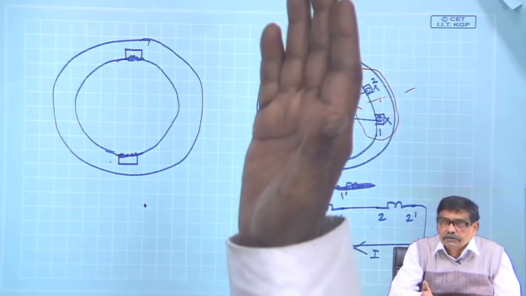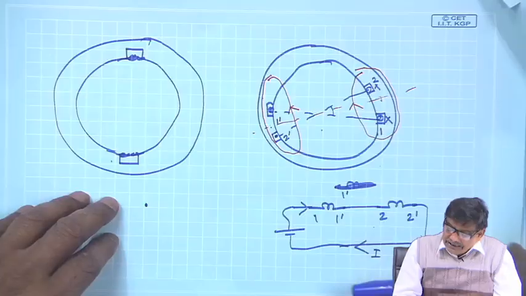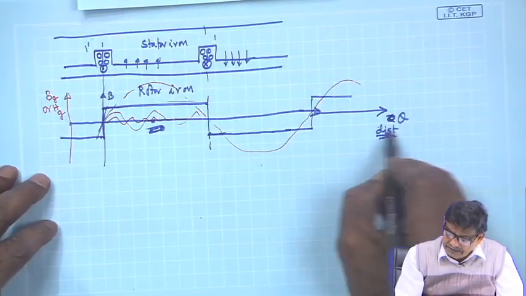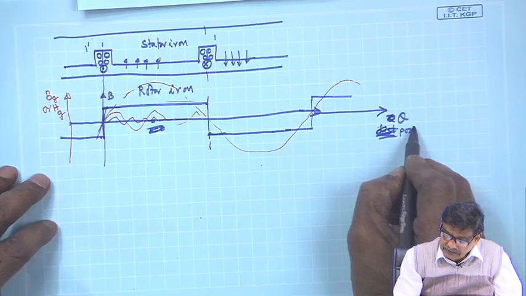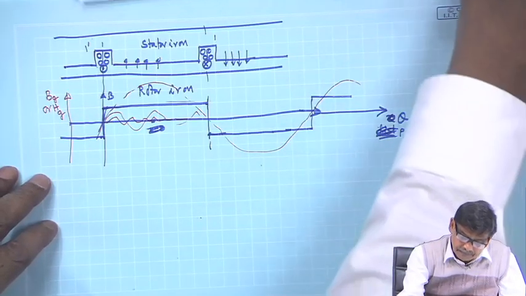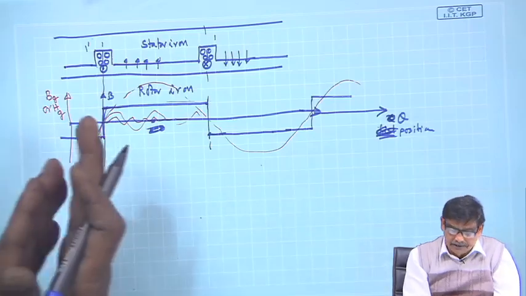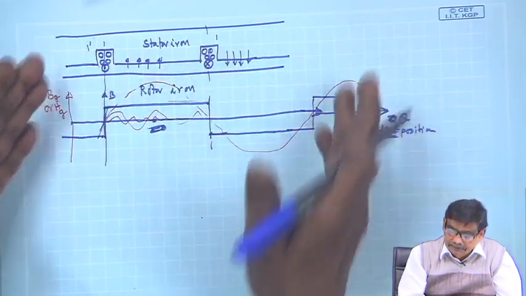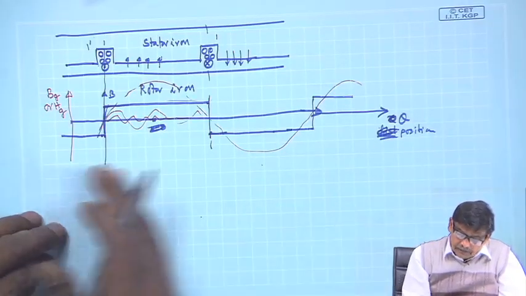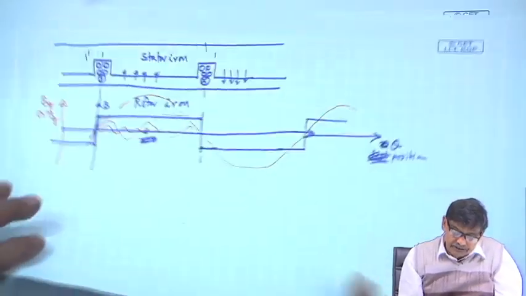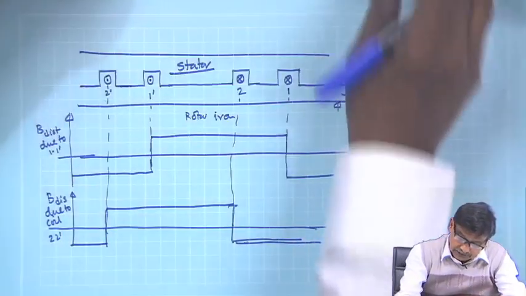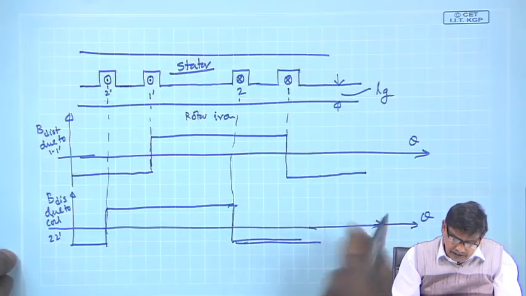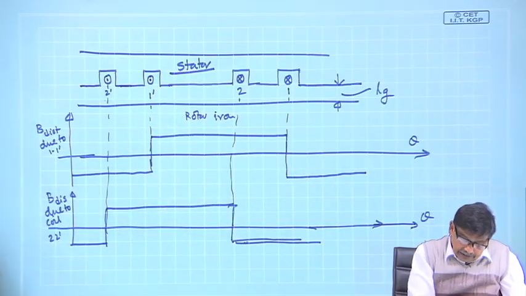So, instead of distance, we can write theta position. Although we have developed the diagram, that theta will also get translated here. So, the B distribution is with respect to position, and here it is theta, mind you. I hope you have understood the point.